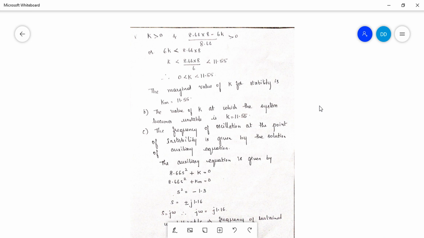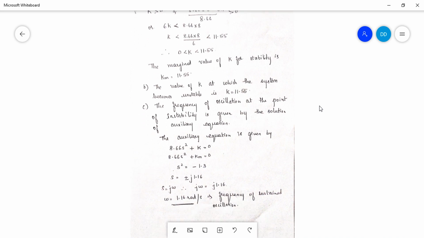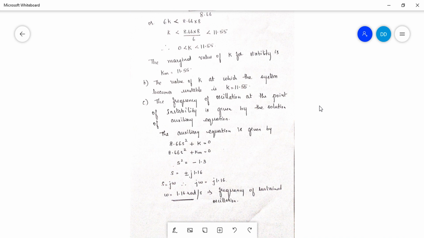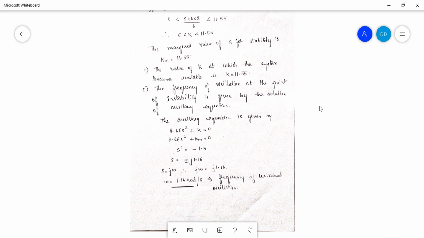To find the frequency of oscillation, we consider the auxiliary equation. From the s square row, we have 8.66 s square plus k, and we substitute k as 11.55. So we get s square equal to minus 1.3.